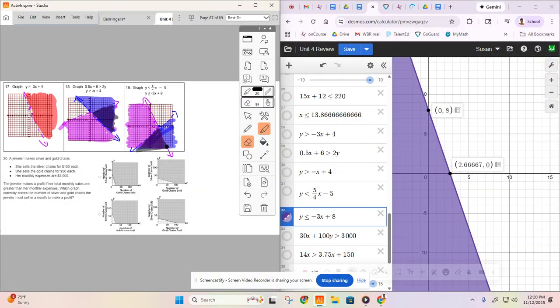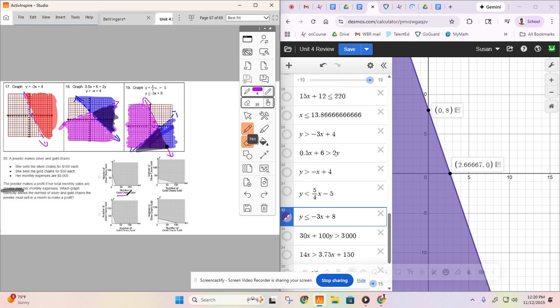On the next one, it says a jeweler makes silver and gold chains. She sells the silver chains for $100 each and the gold for $30 each. Her monthly expenses are $3,000. The jeweler makes a profit if her total monthly sales are greater than her expenses. So I need to set up an inequality for this.